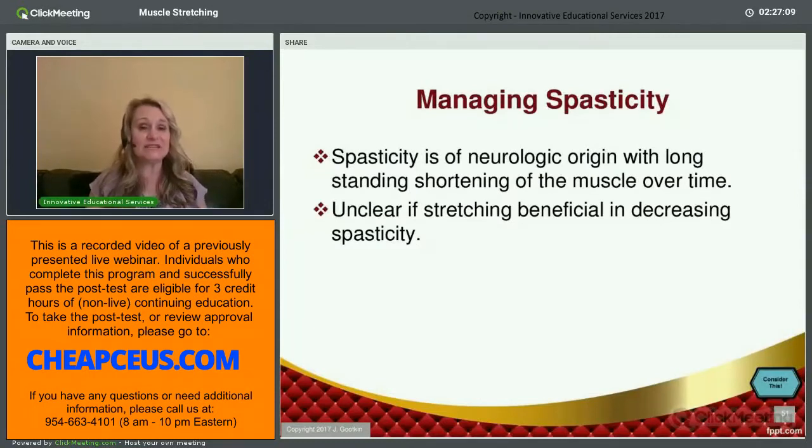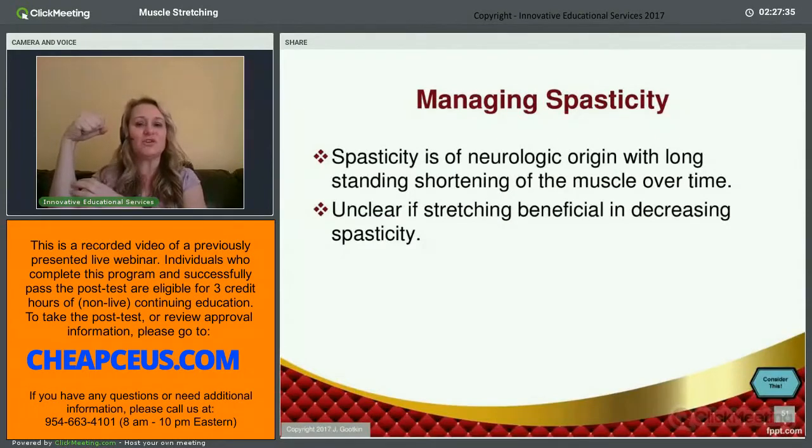What happens with spasticity is very different. Spasticity is when we have a neurological insult and our higher cortical centers are not inhibiting that reflex arc. So in the upper extremity, let's say it's the fingers and the hands, our wrist flexors are firing with that reflex arc, and our higher cortical centers are not sending that signal down to say shut off.